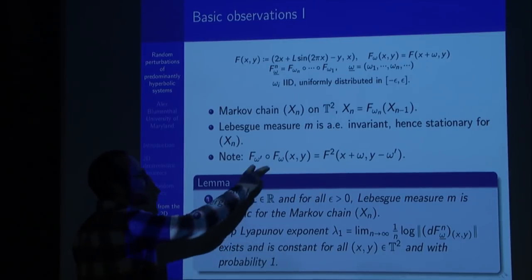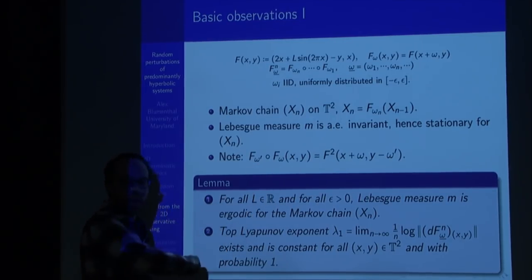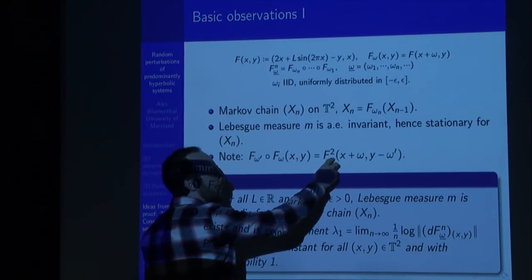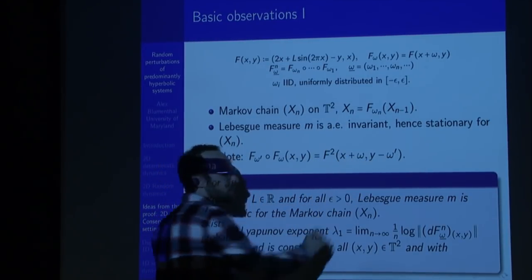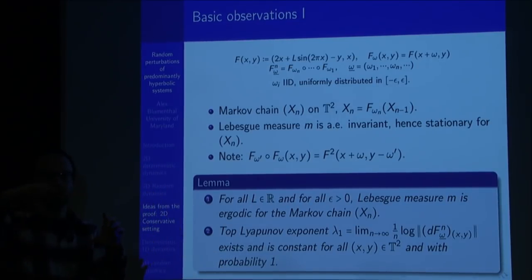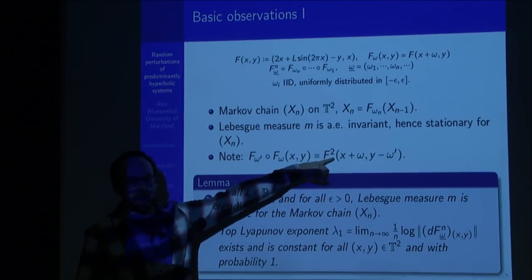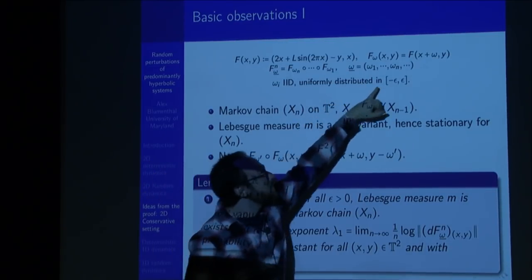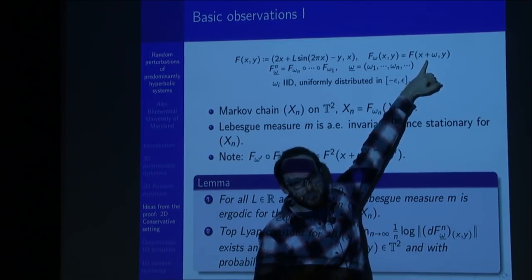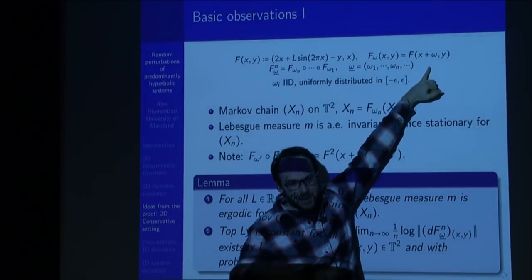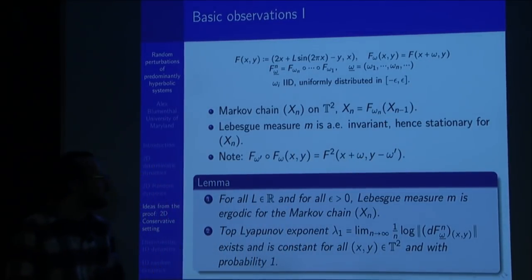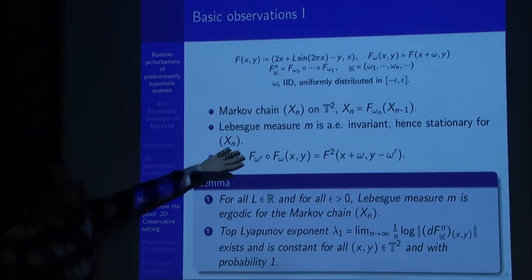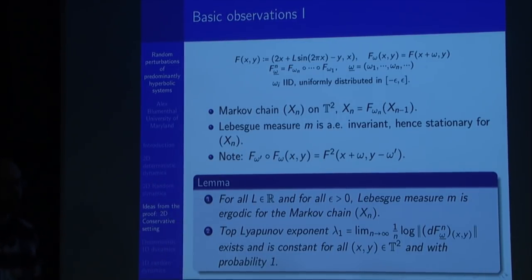Because if I compose two random maps, it's the same thing as composing two deterministic maps on a randomly chosen point in an epsilon squared pillbox. So really, you should think of this as an absolutely continuous random perturbation. The reason we go for just this, I'll get to that a little bit later. But anyway, I just wanted to point that out.